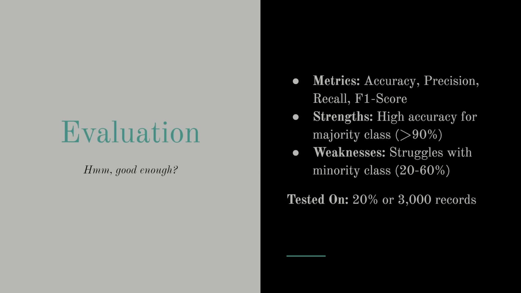We found out that the strength of the model was that it is very accurate for the majority class when detecting that a group or code is not the cause, but its weakness is that it struggles when detecting if that group or code is the cause. And we tested on 20% of the generated data, which is 3,000 records.